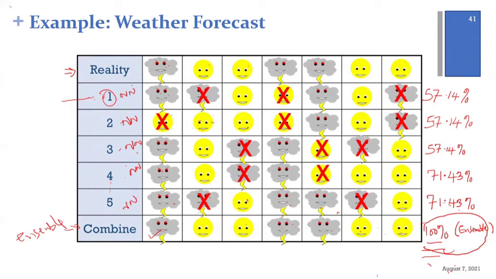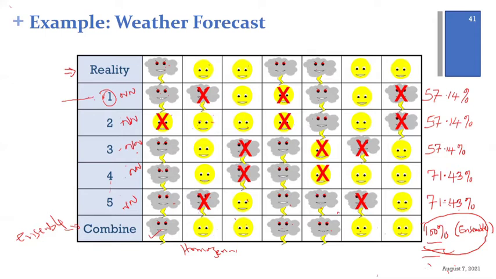In this case, we will say that this kind of ensemble is a homogeneous ensemble, because it is made up of the same type of algorithm. Neural network is neural network. Even if you manipulate it, single layer, two layer, or whatever, it is still from a neural network. We call this homogeneous.